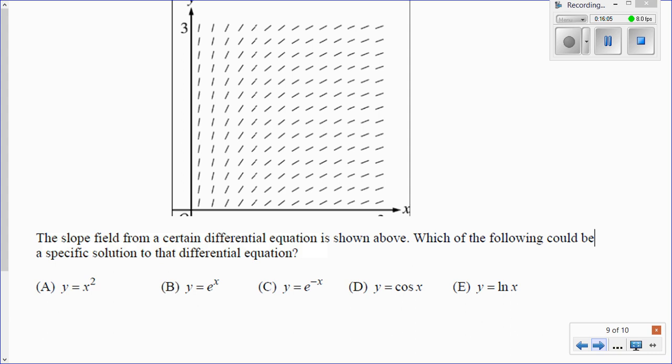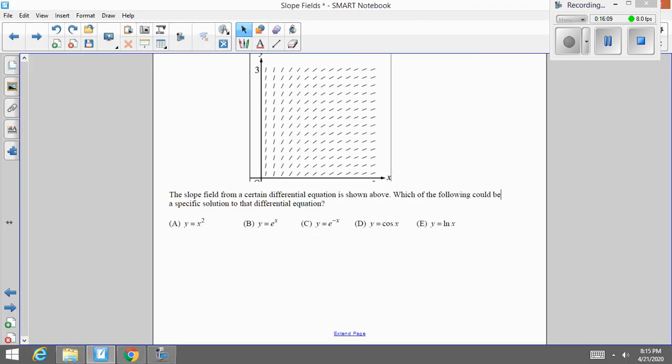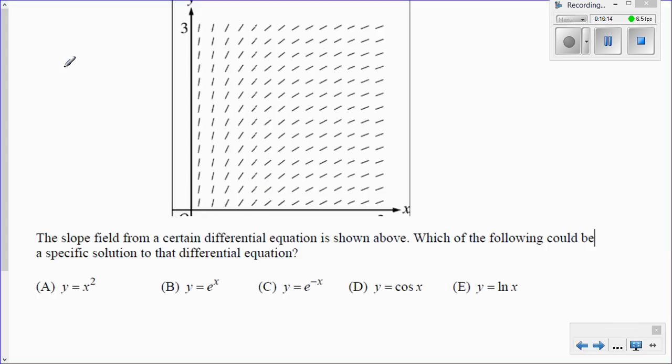A is y equals x squared. Now, y equals x squared, the graph is a parabola. So, I'm not really seeing that shape when I look at this slope field. Okay, y equals e to the x. That's exponential growth. That graph looks like this. Not seeing that graph.